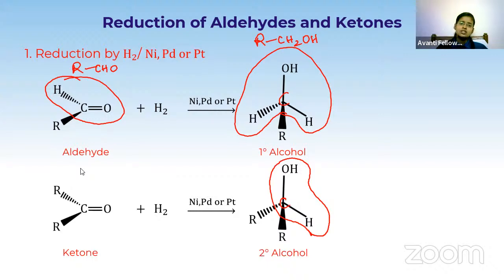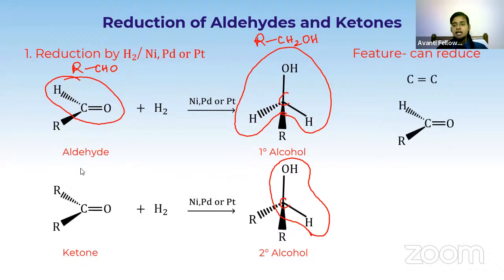So this hydrogen in presence of nickel, palladium, platinum has some features. They not only reduce aldehydes and ketones, they can also reduce the carbon-carbon double bond. They can reduce the aldehyde, they can reduce the ketone, and they can reduce RCOCl. RCOCl means acyl halide. And lastly, it can reduce RCOOR.